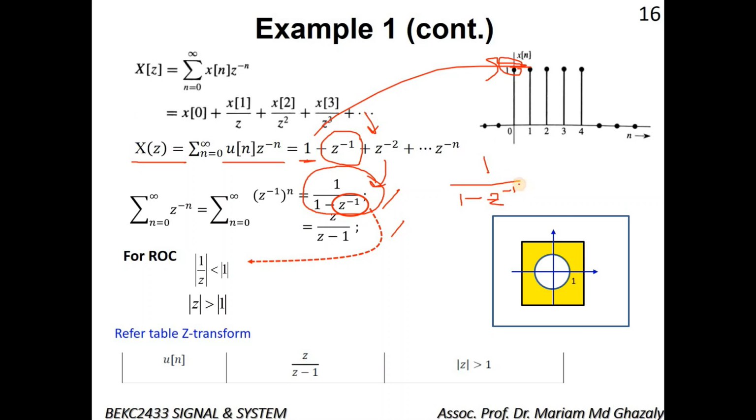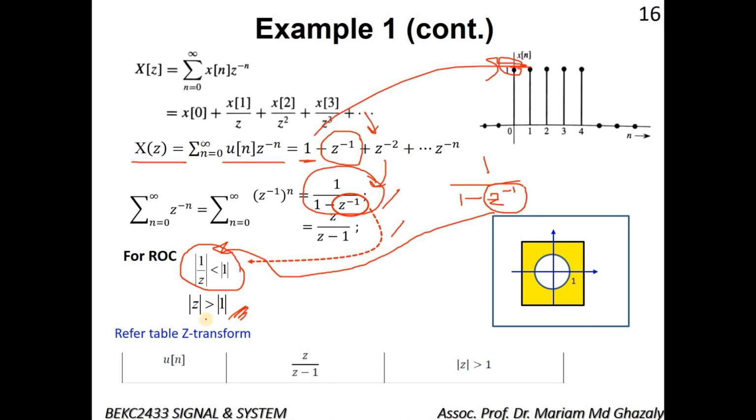Look at this value here, only take this value, z to the minus 1. Ignore the minus sign here. z to the minus 1 is actually 1 over z. So less than 1. This is the format. So 1 over z is less than 1, so z is more than 1.